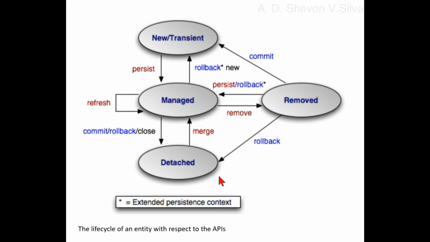The available state includes any persistent field or property not marked fetch equals lazy, and any persistent field or property that was accessed by the application or fetched by means of an entity graph. If the persistent field or property is an association, the available state of an associated instance may only be safely accessed if the associated instance is available.